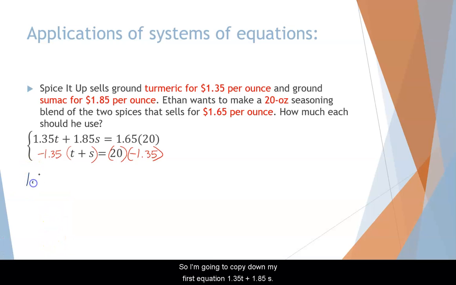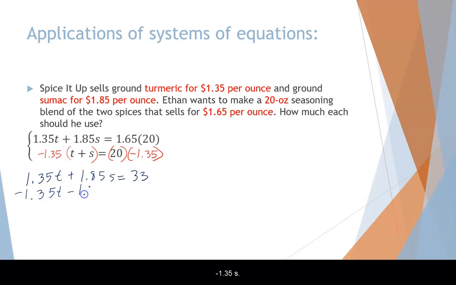So I'm going to copy down my first equation, 1.35t plus 1.85s equals, what is that? 33. And then the second equation becomes negative 1.35t minus 1.35s equals, what is that, negative 27? Add the equations together.